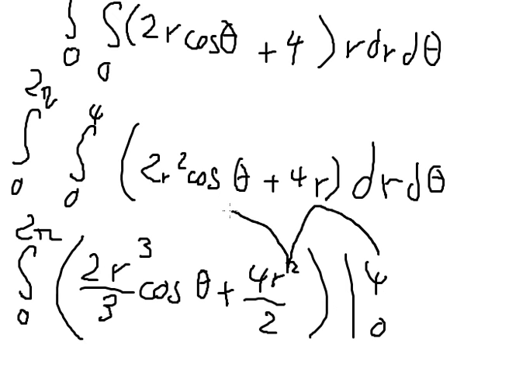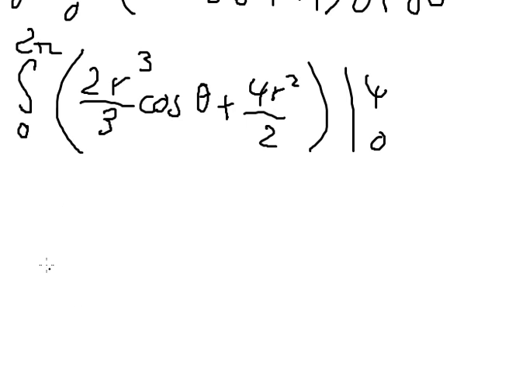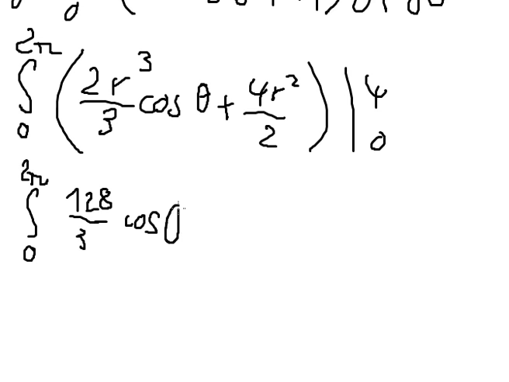So we put 4 in here and 0 in here. And we have 128 over 3 cosine theta plus 32.